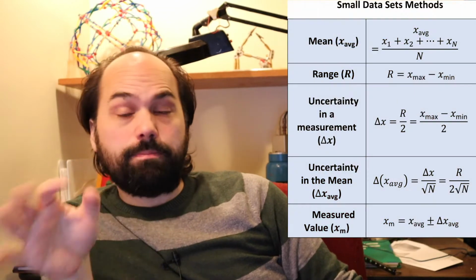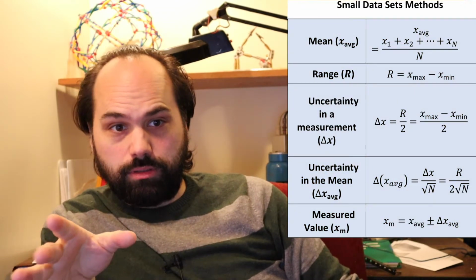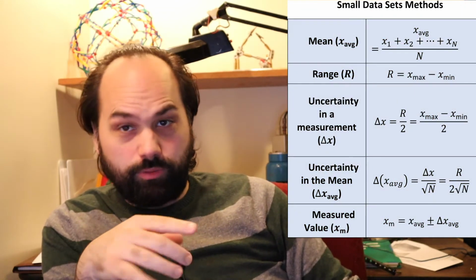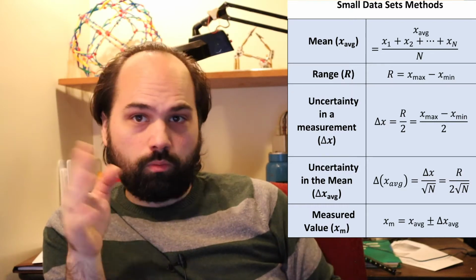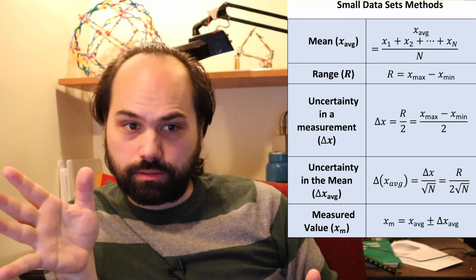For small data sets, let's say n is less than 1,000, we're going to use the small data set methods, which look like this. So the big things here that you'll notice, we have our average, great. We have our range, which is just the whole range that is encompassed.